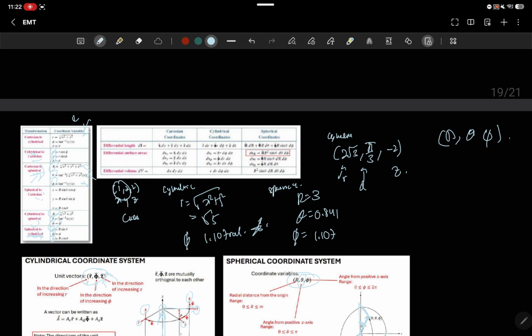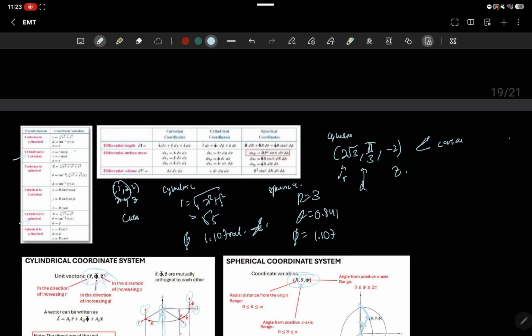Okay, back to the original question. This is our cylindrical coordinate. Now from cylindrical to Cartesian we just use this. From cylindrical to spherical we use this.